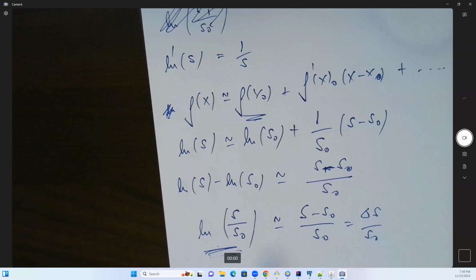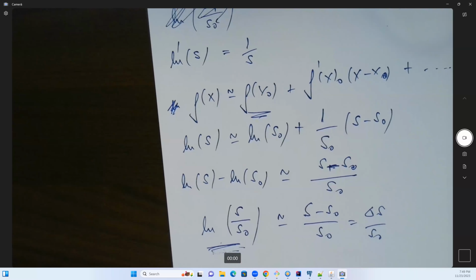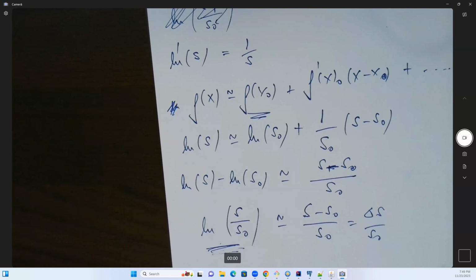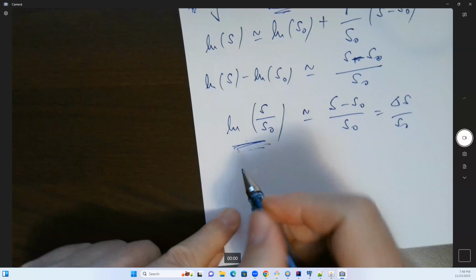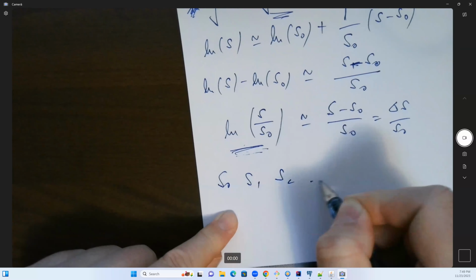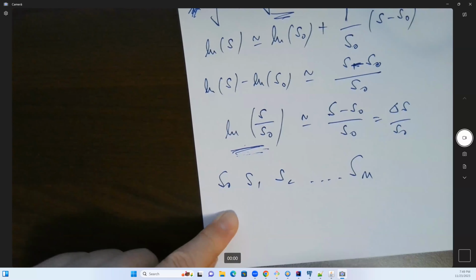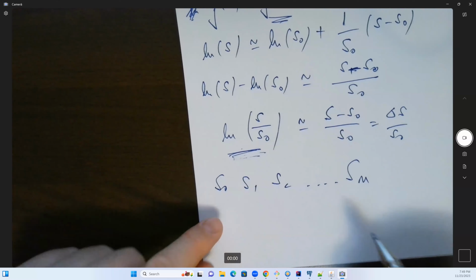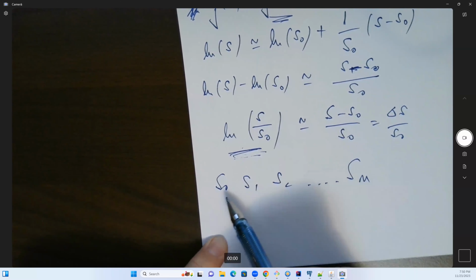And this is more, how should I say, more convenient to use in finance for different purposes, but mostly because we can chain them very well. So let's say we have stock prices like S0, S1, S2, a lot of them, Sn. Now, if you would have relative changes from one day to the next, what would be the total change?